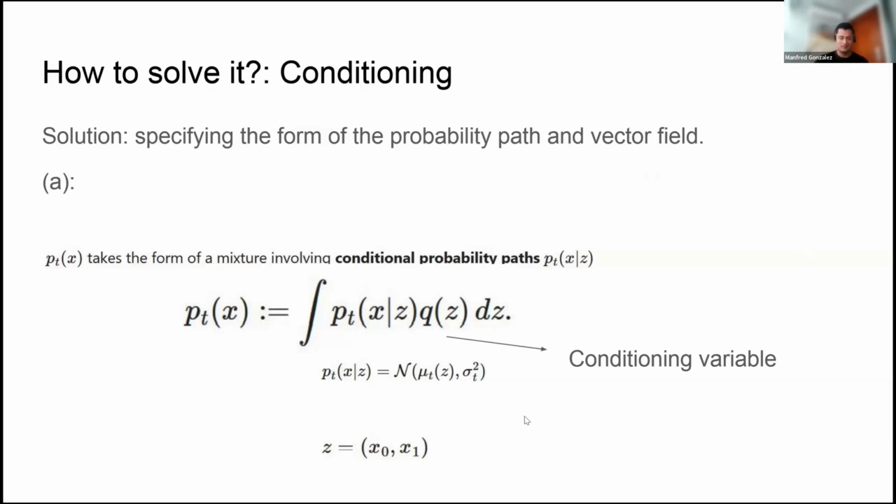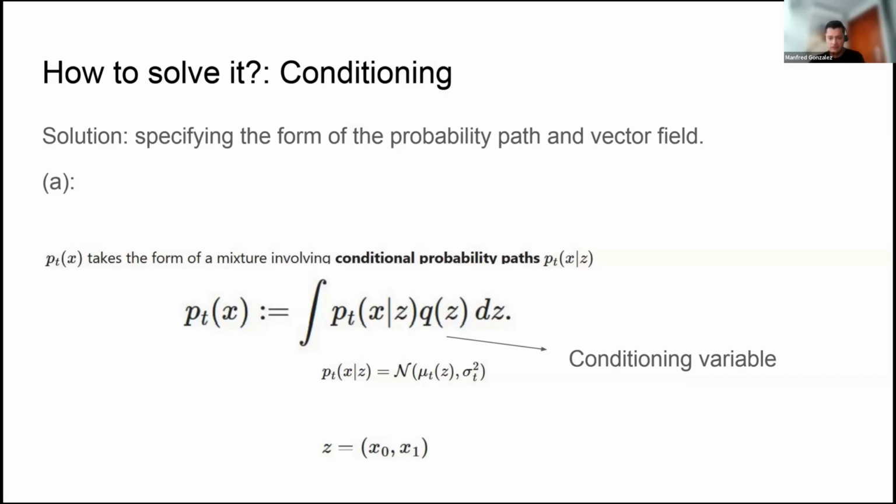What this is trying to tell us is that if you couple your data with data from a normal distribution, you will be able to control or know this conditional probability path. And you will then be able to train this model by doing some tweaking to the vector field.